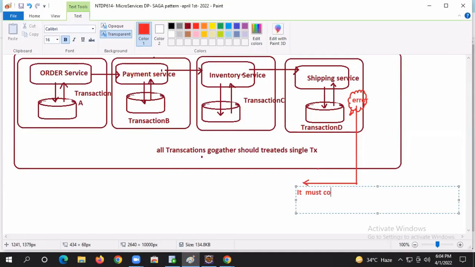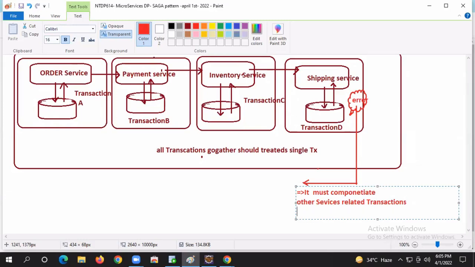It must compensate other services' related transactions. Are you understanding my statement, guys?